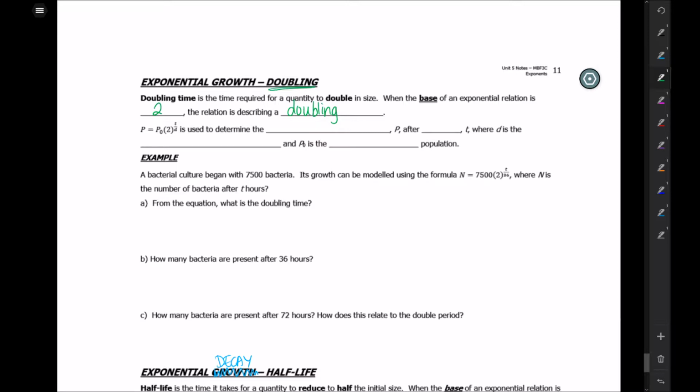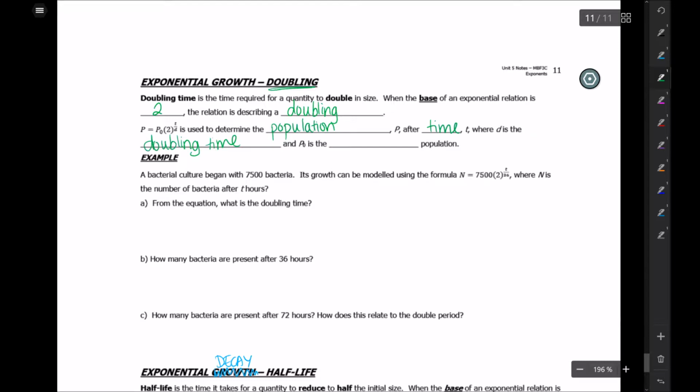So if you take a look right here, it says P equals P sub 0 times 2 to the power of T over D. Now this formula looks very scary, but it's not bad at all if you take it little by little. So this is used to determine the population P after time T, where D right here is the doubling time. So how long it takes to double.